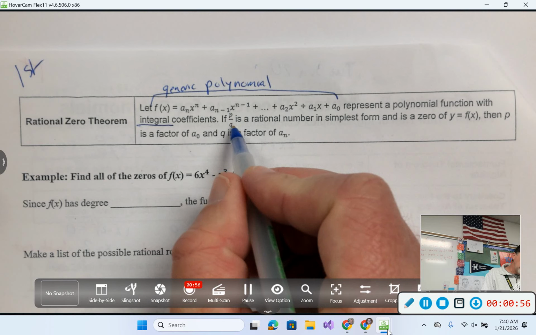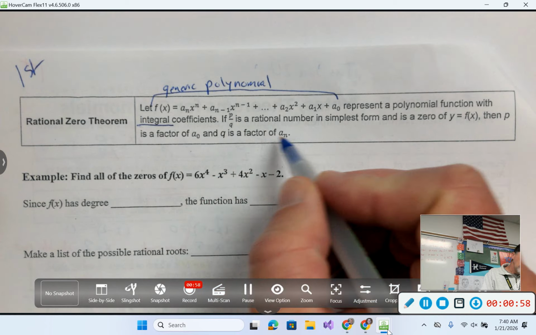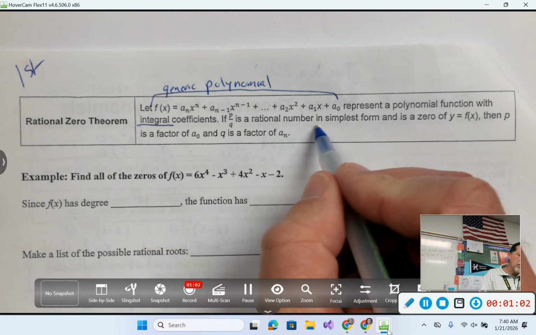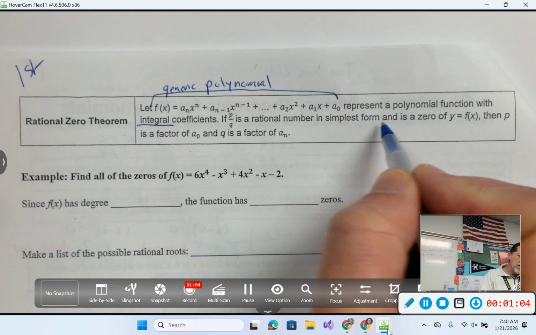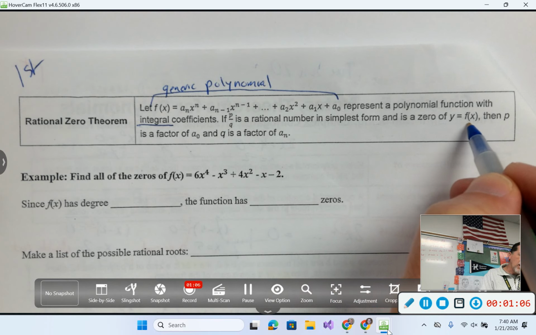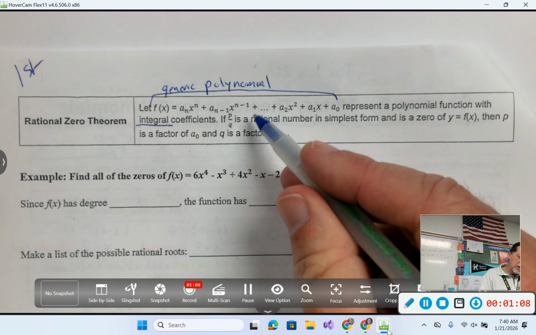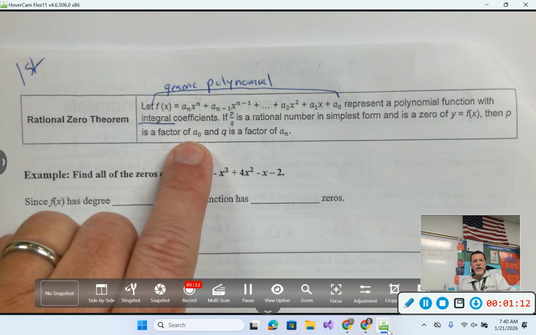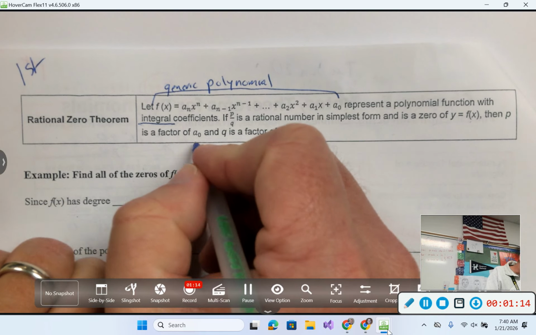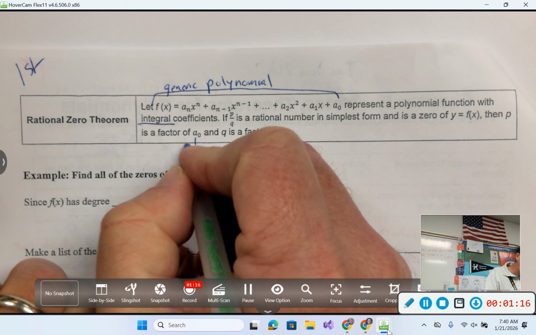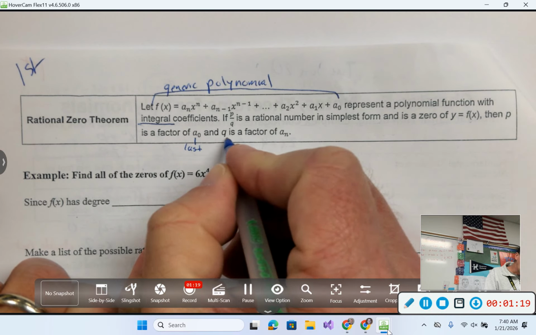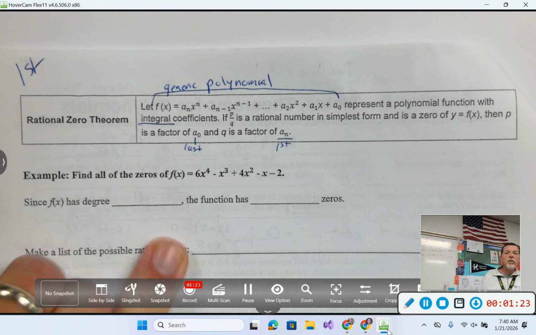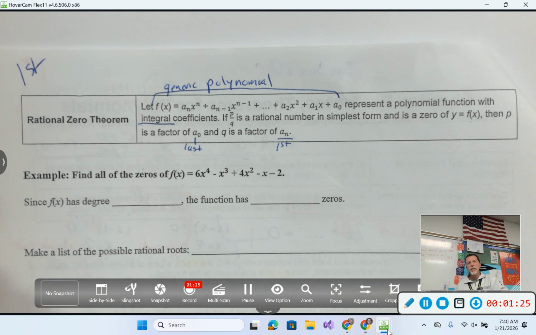If p over q, which is weird because they haven't told us what p and q are yet, but if p over q is a rational number in simplest form and is a zero of that polynomial, then p is a factor of a0. a0 is the last term. q is a factor of an, which is the first term, or the first coefficient, I should say.